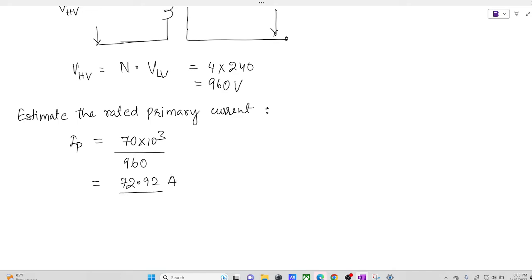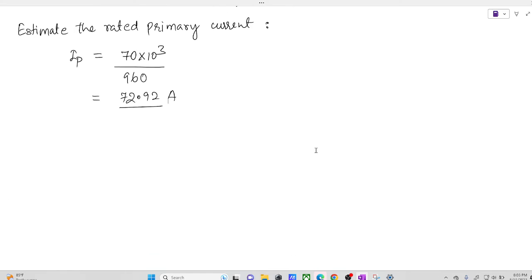And what is the rated secondary current?